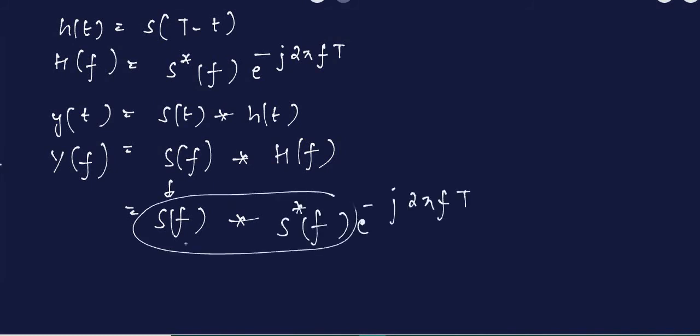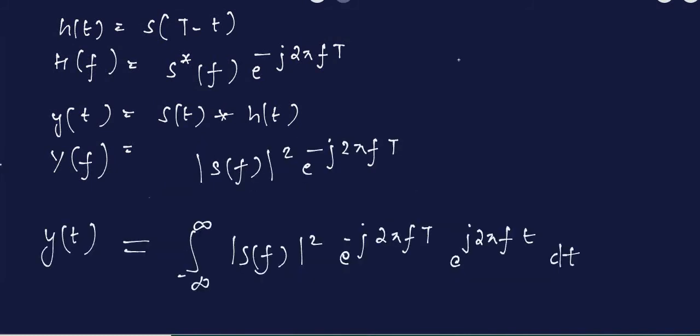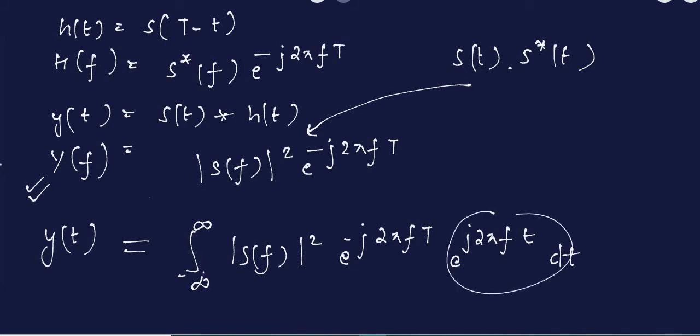Now this will be my mod. So S(f) and S star(f), when multiplied, they become the magnitude, okay, and this is written as it was. So I have obtained Y(f), and now I want to obtain the inverse Fourier transform. So to do that, I have multiplied the signal with this value and have integrated from minus infinity to infinity.